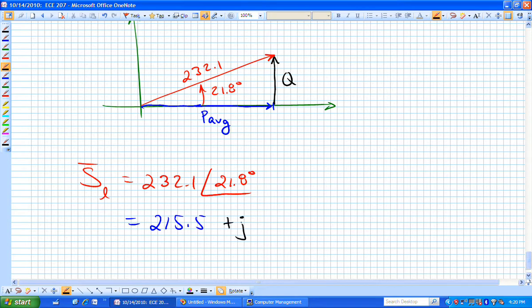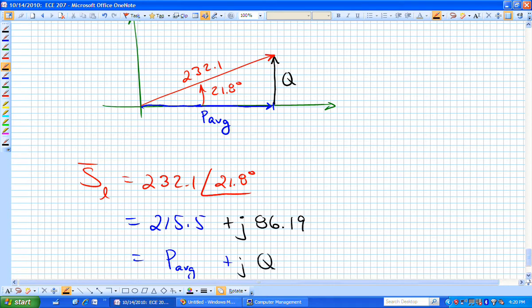And we have our reactive power, which is the sine of 21.8 times 232, and that gives us 86.